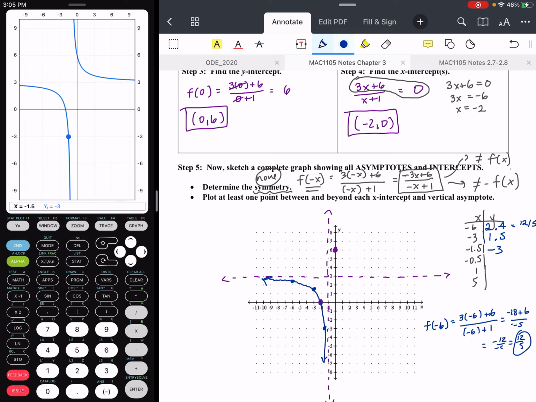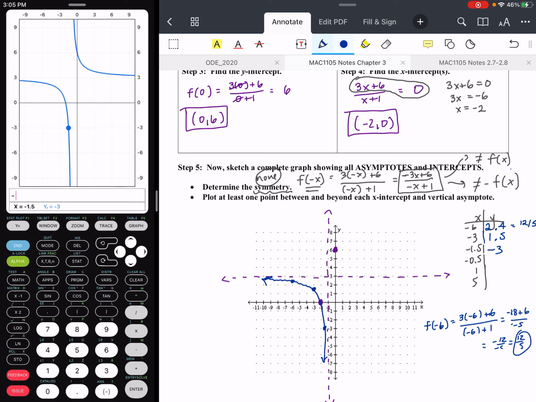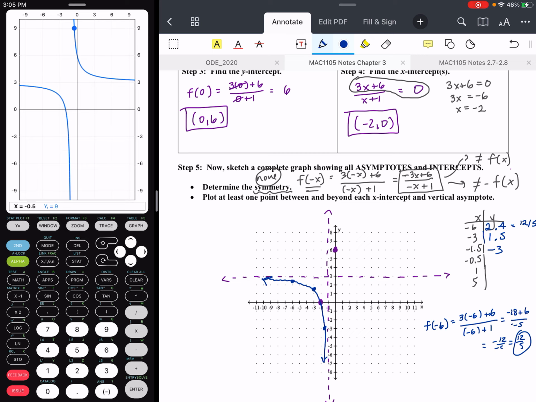Okay, so we're just skating along the vertical and horizontal asymptotes there. And then going to that upper right-hand corner of our graph, negative 0.5 in for x gives me a y value of 9. So negative 0.5, 9 would be about here. So I've got that point along my vertical asymptote.